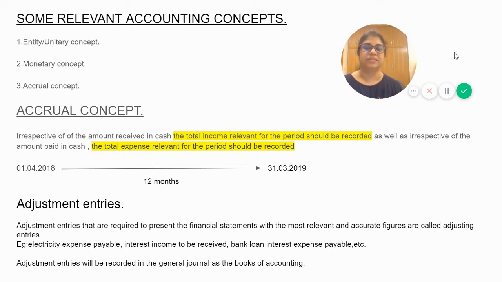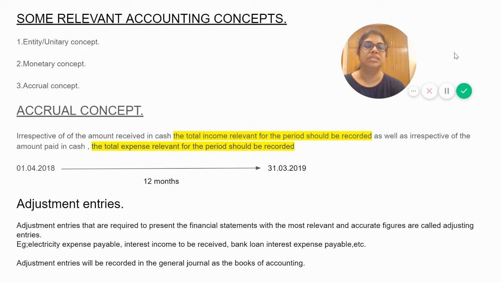The owner and the registered business will be treated as two separate entities, and only then will we be able to do this accounting process.